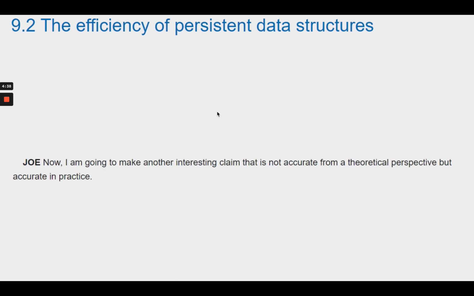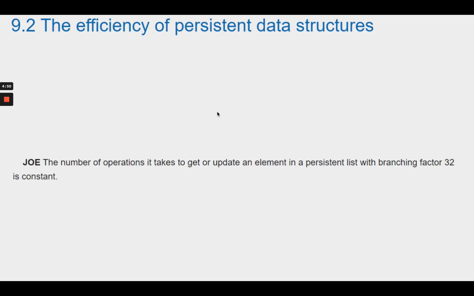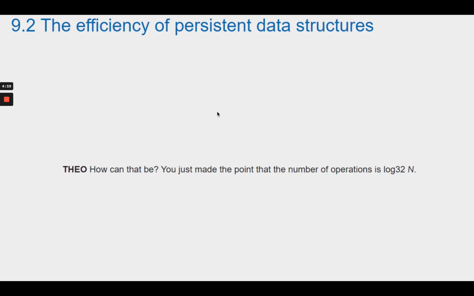Theo: I see. Joe: Now I'm going to make another interesting claim that is not accurate from a theoretical perspective, but accurate in practice. Theo: What is it? Joe: The number of operations it takes to get or update an element in a persistent list with branching factor 32 is constant.